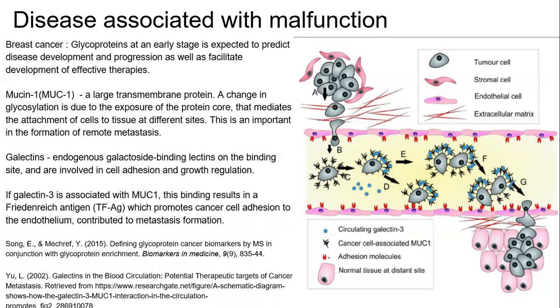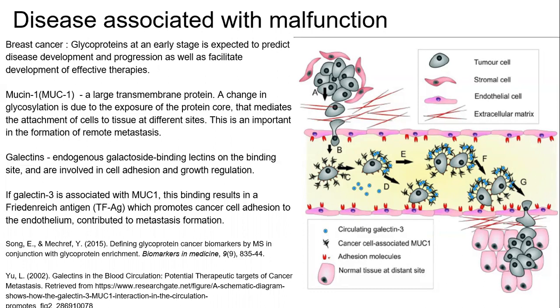galactoside binding lectins on the binding site and are involved in cell adhesion and growth regulation. If galectin 3 is associated with mucin 1, this binding results in what is known as a Thomsen-Friedenreich antigen, which promotes cancer cell adhesion to the endothelium and will contribute to metastasis formation.